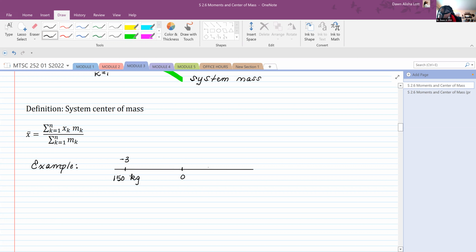I have a mass M2, located at x equals 2, and it is 50 kilograms. And then I have a mass M3, located at 3, and it is 35 kilograms.